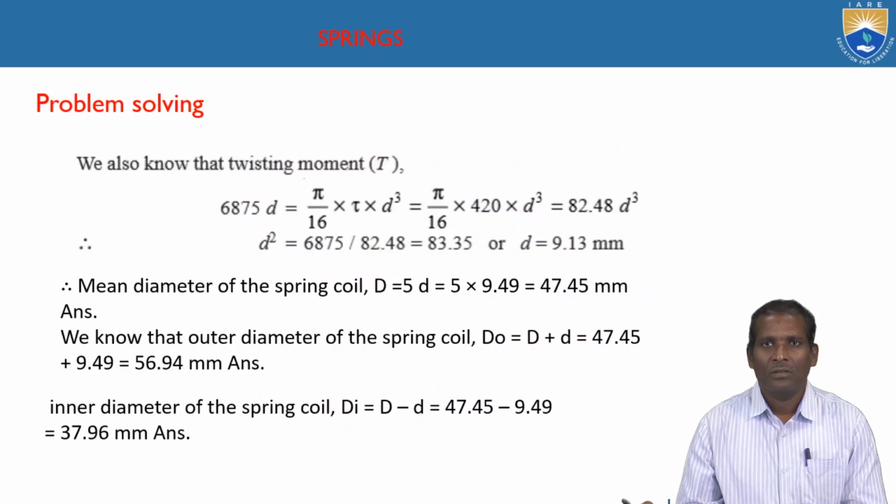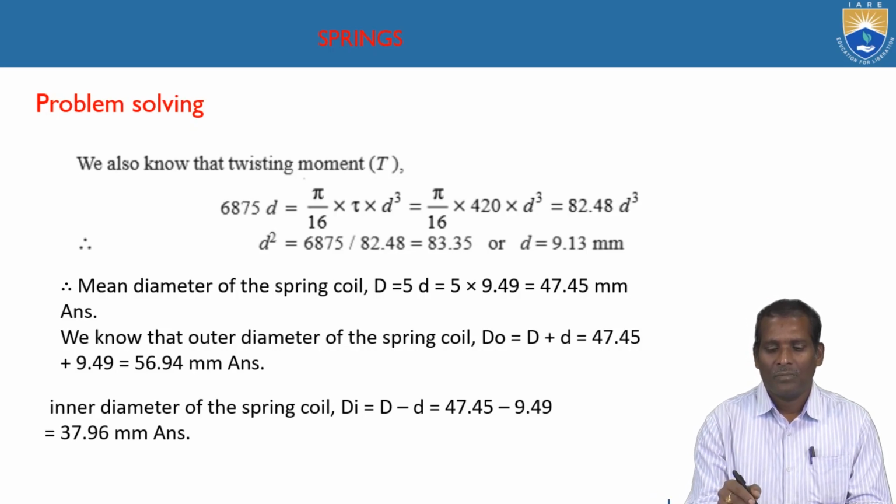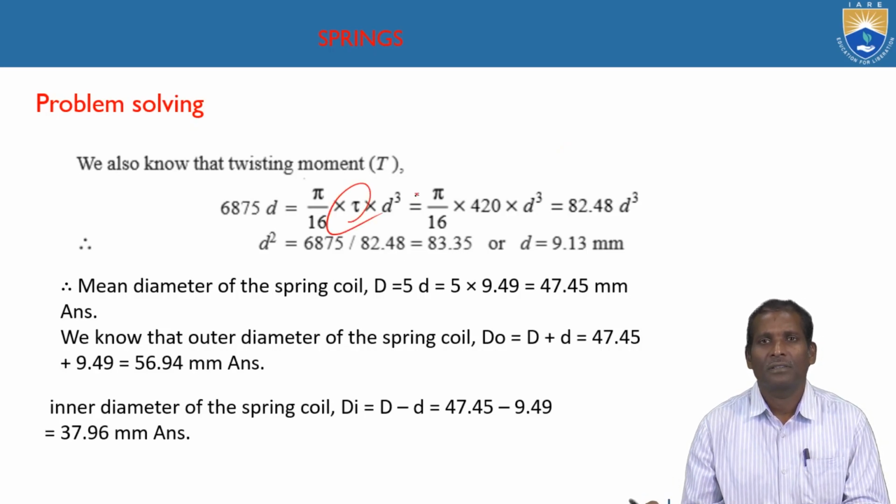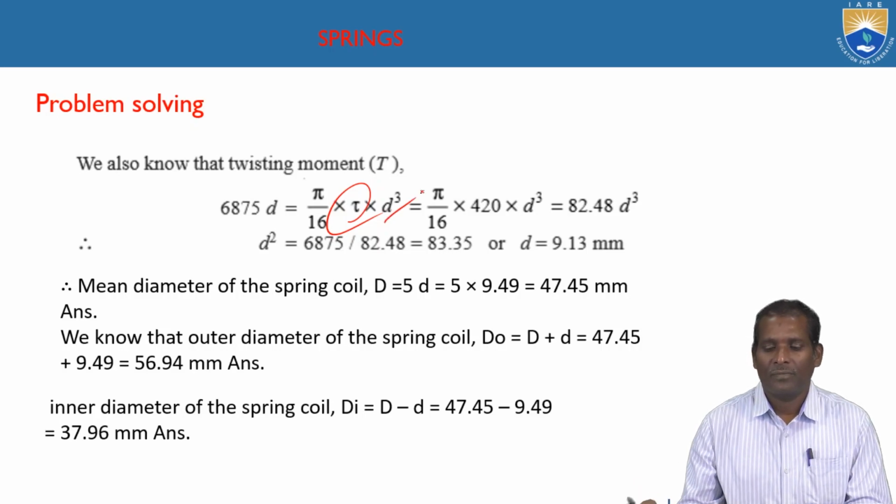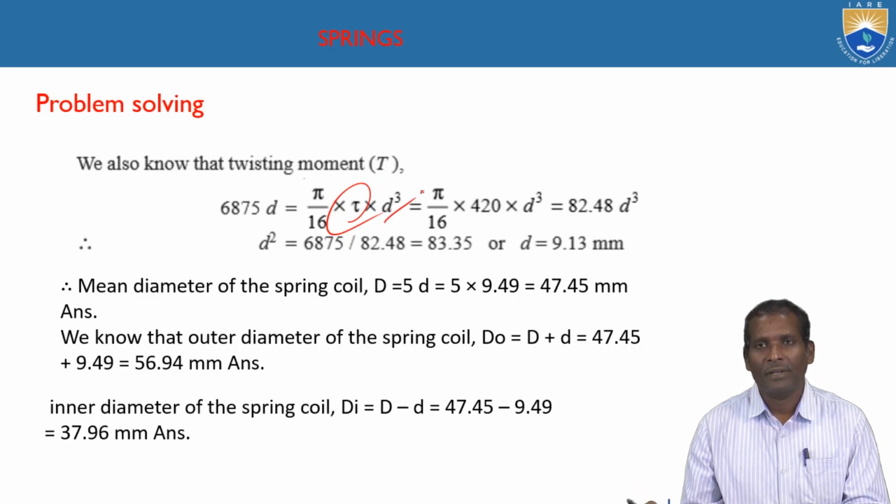So now you can calculate the twisting moment. You know that the twisting moment T is equal to pi by 16 into tau into d cube. Here tau is shear stress, and d is the diameter of wire.